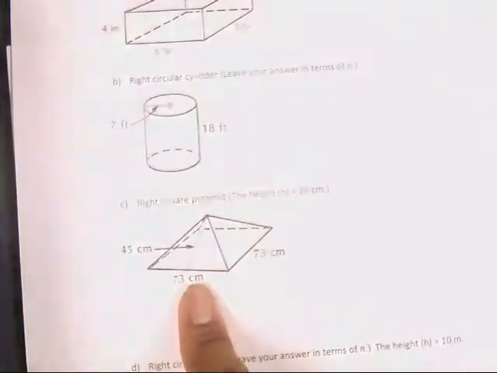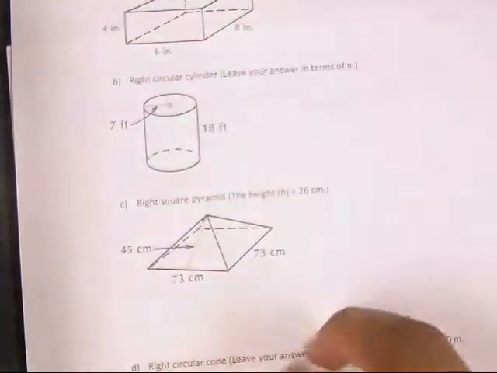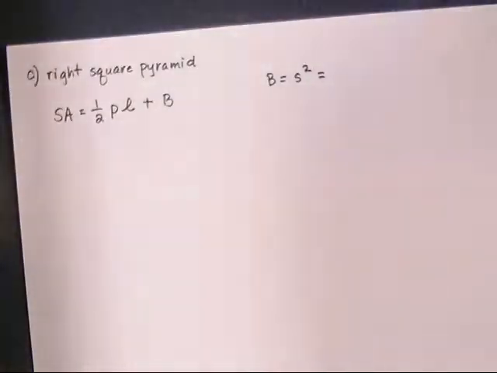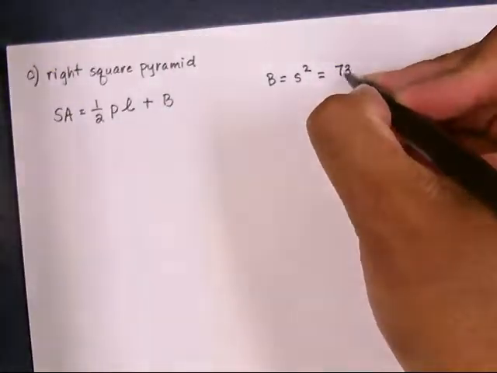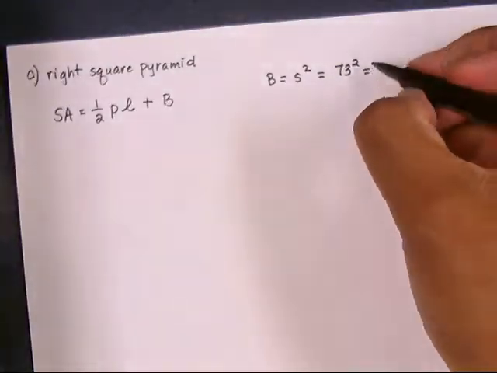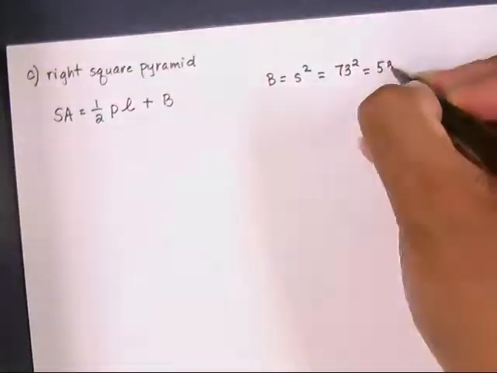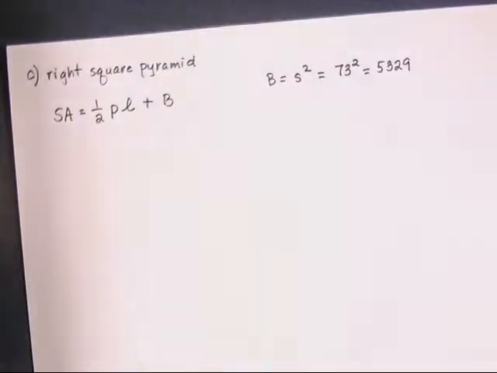And that square is 73 centimeters on each side. So here we take that 73 and square it. So if I square the 73, I'm going to get 5,329. That's going to be the base.